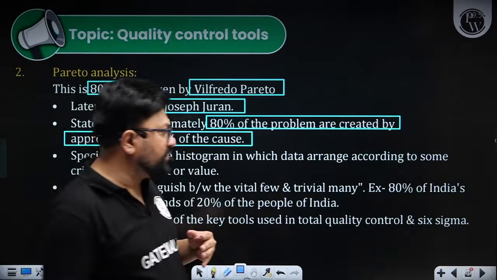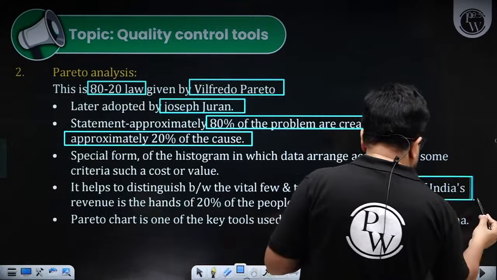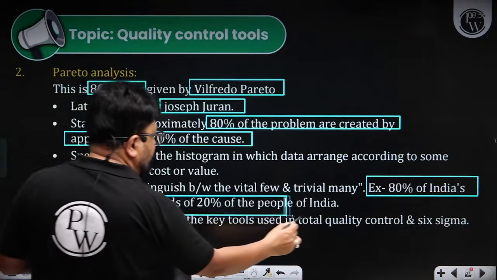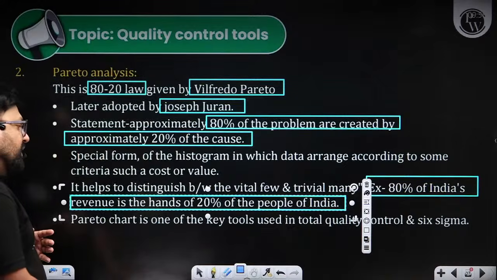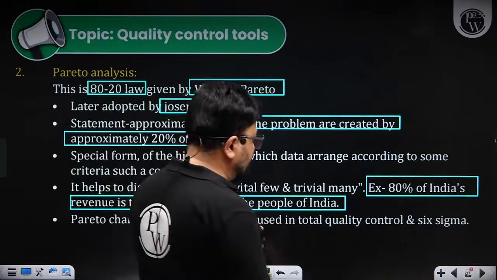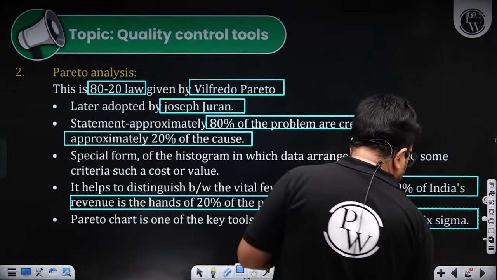Later we are going to discuss Six Sigma. The Pareto chart is a useful tool which plays an important role in quality control and Six Sigma as well.